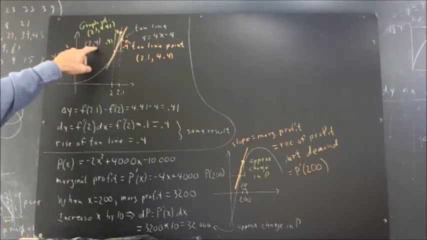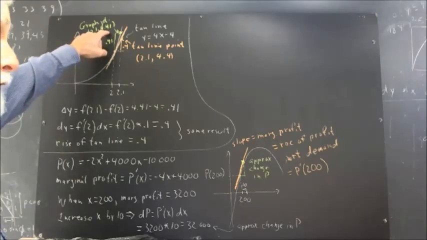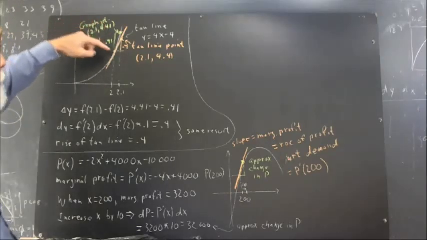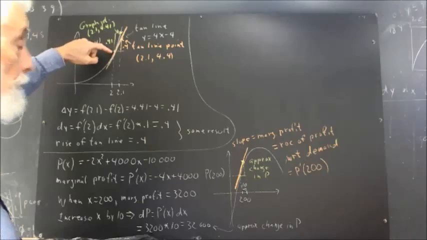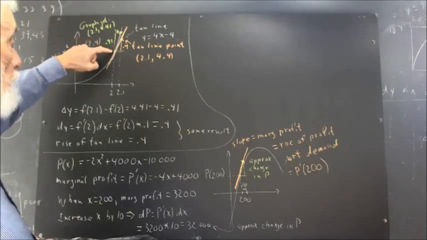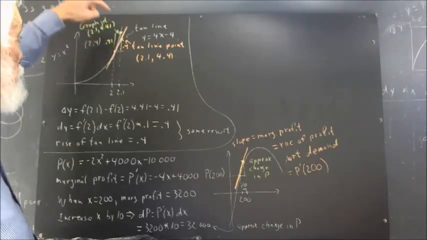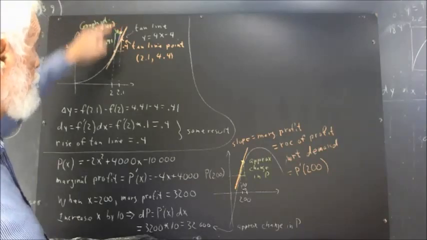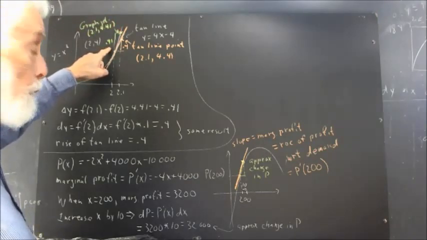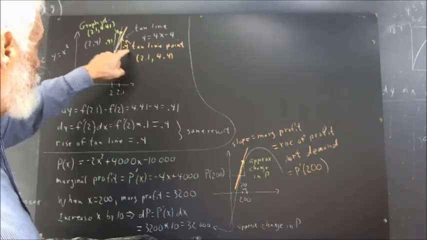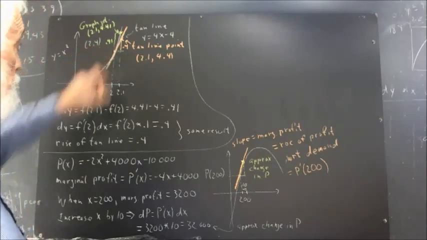And then from 4 up to 4.41, the rise from our x equals 2 point up to the point on the actual graph is 0.41. So we can compare the 0.4 here with the 0.41 here.